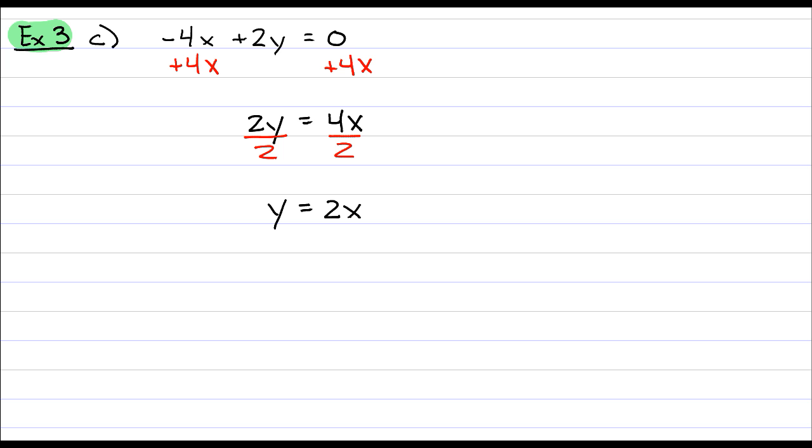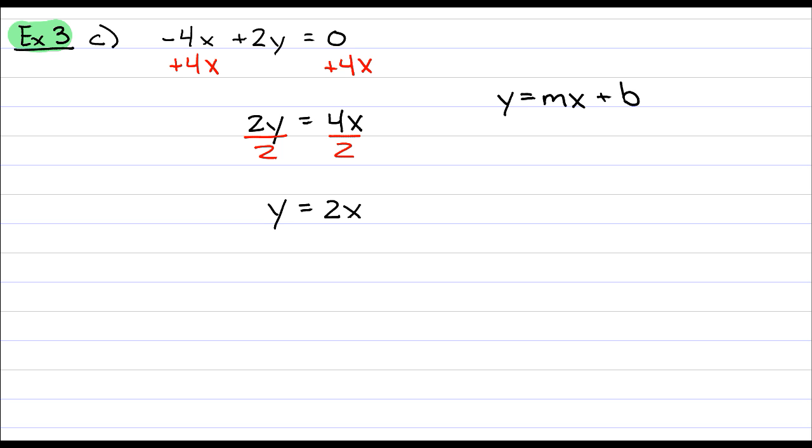Remember, slope-intercept form is y equals mx plus b. Let me write that down real quick. y equals mx plus b. That's slope-intercept form. The m is the slope, and the b is the y-intercept. So it looks like we don't have a b here, but really that just means that b is 0. And so the y-intercept in this case is going to be 0.